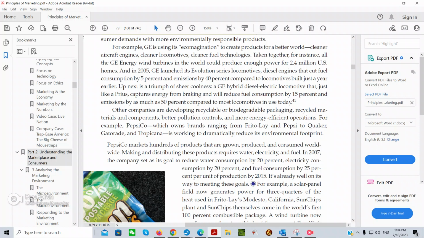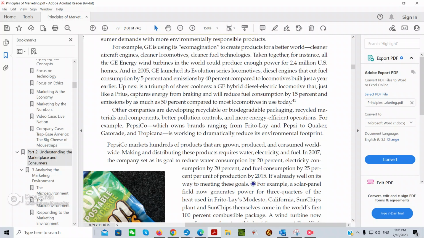Taken together, for instance, all of GE's wind turbines in the world could produce power for about 2.4 million US homes. And in 2005, GE launched its Evolution Series diesel locomotives that cut fuel consumption by 5% and emissions by 40% compared to locomotives built just a year earlier.